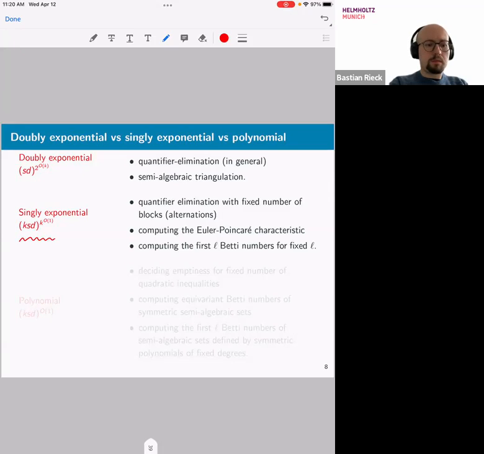So you could have many variables that you want to eliminate, but the number of blocks of quantifiers is bounded by some constant. And then certain topological invariants: we know how to compute the Euler-Poincare characteristic, or for each fixed L, the first L Betti numbers. So for these problems, we know algorithms with singly exponential complexity.